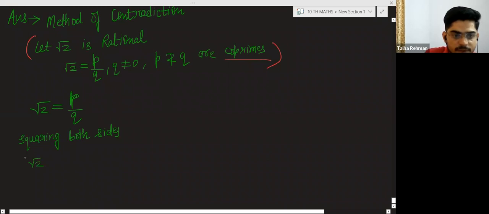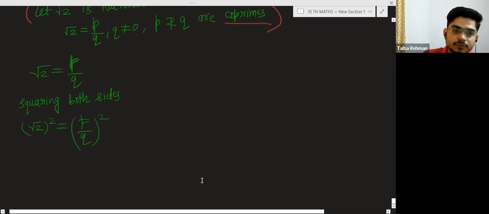So this will become square of this, and this will become square of this. When you multiply root 2 with root 2, it becomes 2, and the right side becomes P square by Q square.